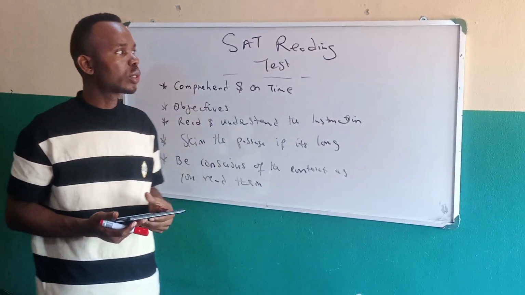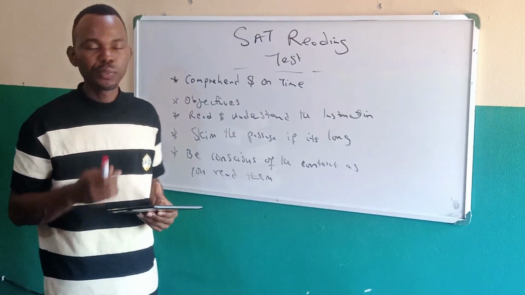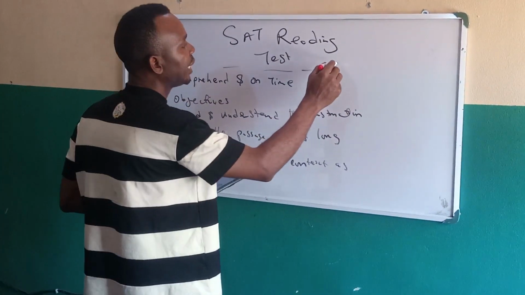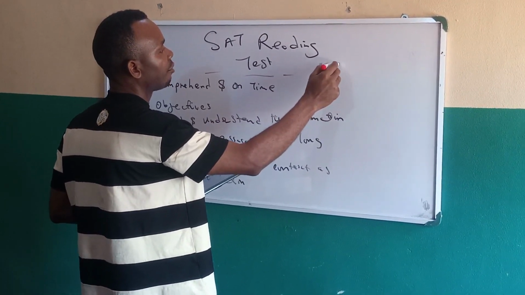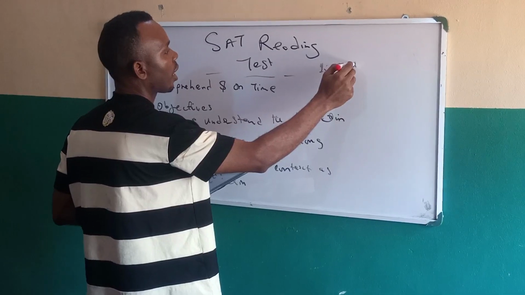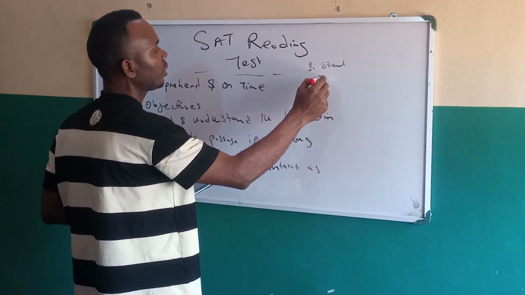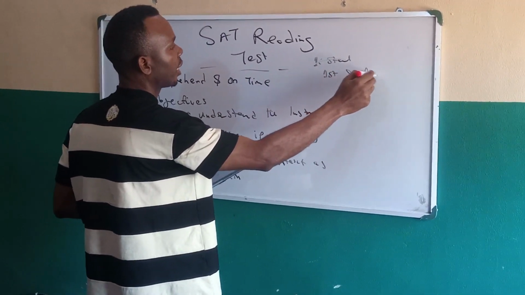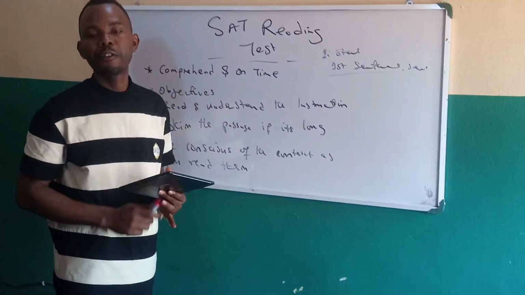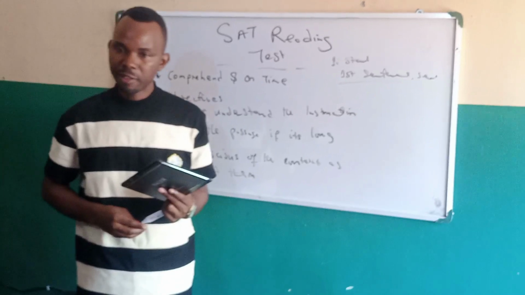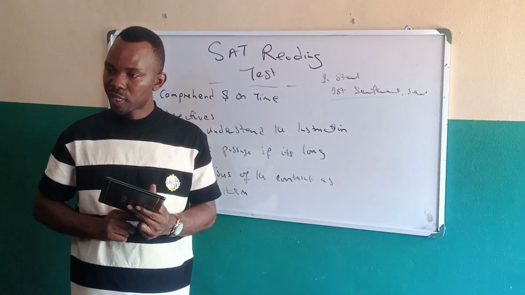So when you want to skim a document, you skim by reading the first sentence, all right? The first sentence, and at times the second sentence. The first sentence in any paragraph is actually called the subject sentence.